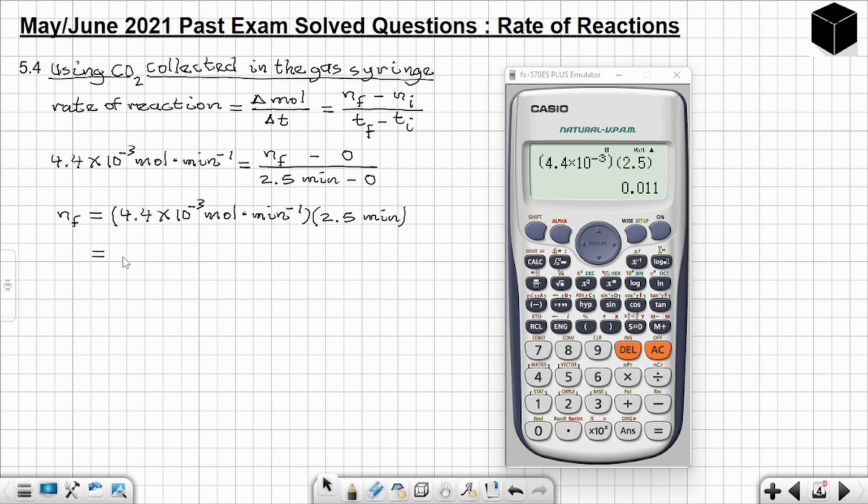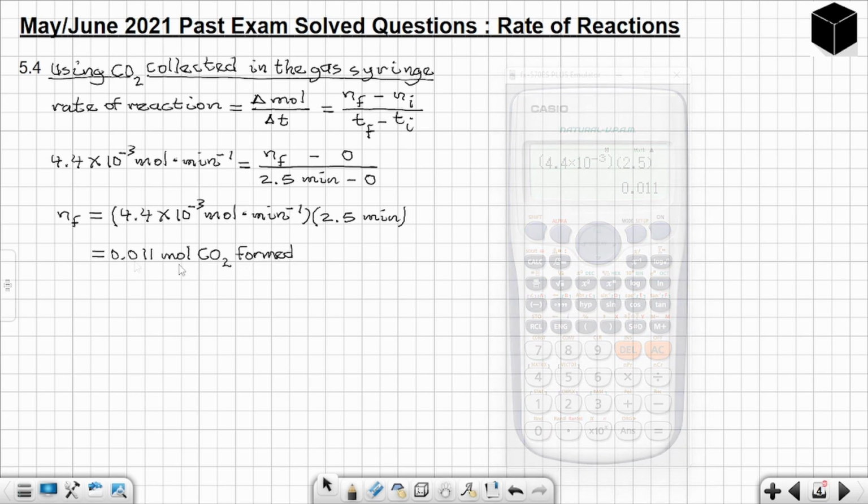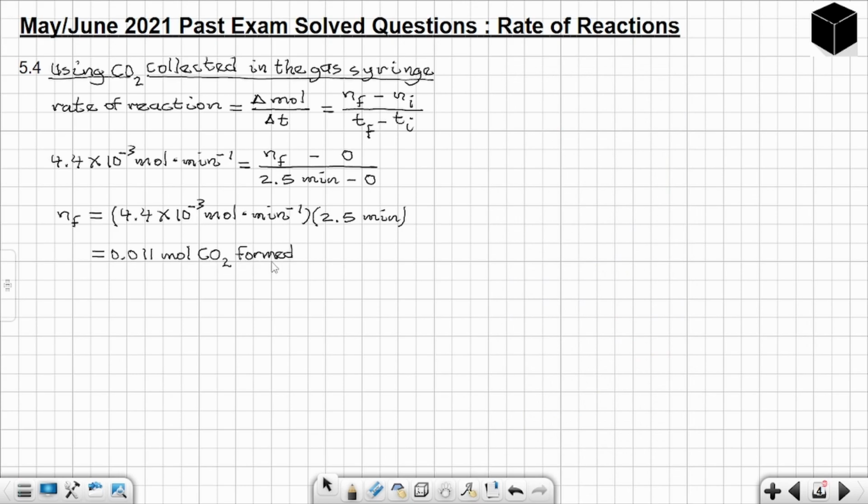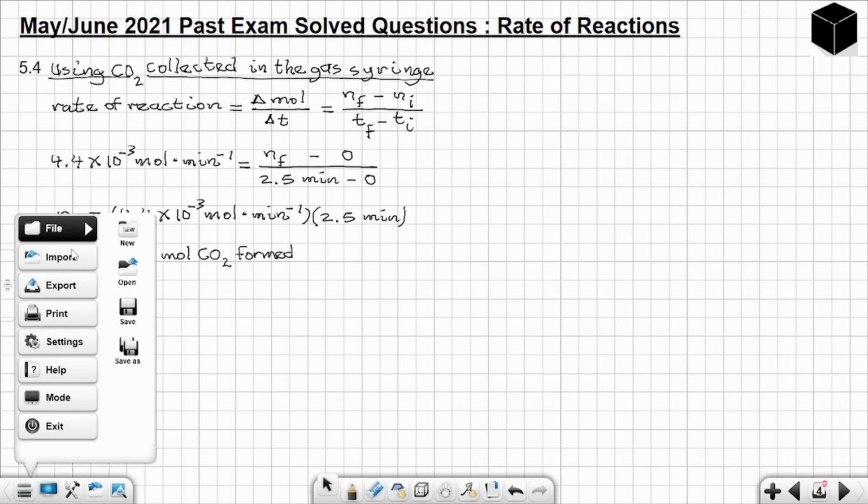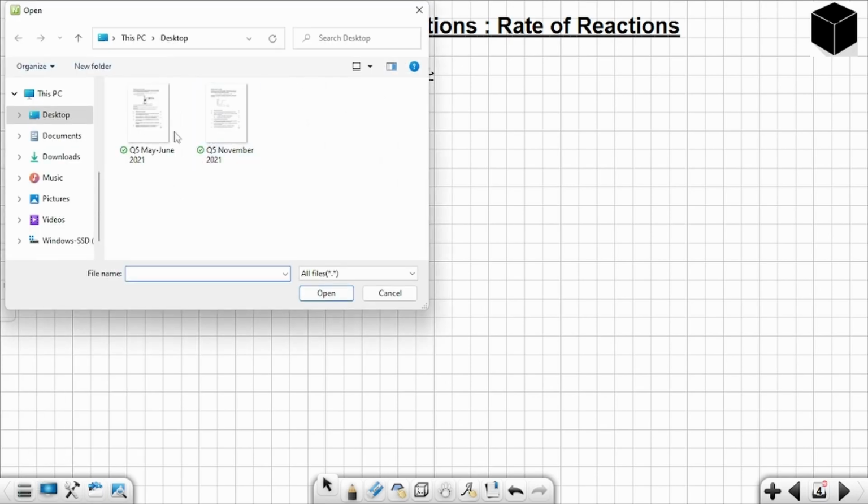So you have 0.011 mole of carbon dioxide formed. Remember, why do I say formed? Because it is a product. Now you know the number of moles of carbon dioxide formed in 2.5 minutes. Let's get the question again so that we can continue and see where we're going.